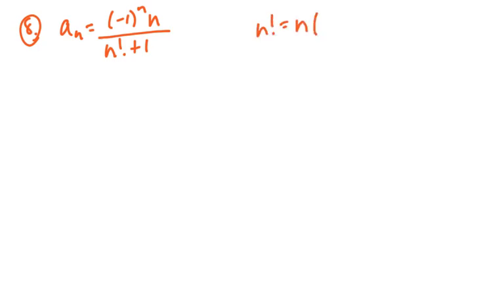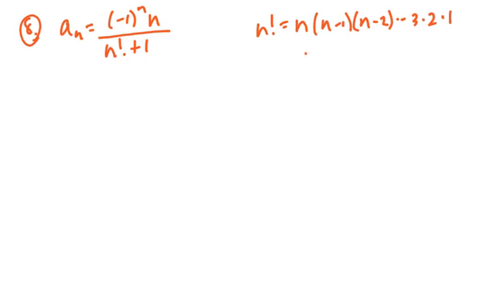Number 8. Number 8 says a sub n equals negative 1 to the nth power times n over n factorial plus 1. Do you remember n factorial? N factorial is defined as n times n minus 1 times n minus 2 times all the numbers in between times 3 times 2 times 1.